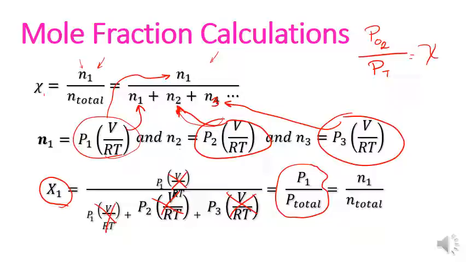It doesn't matter if you use moles or pressure. You can get your mole fraction either way, provided volume and temperature are constant, yes. So if you just divide them, that gives you your mole fraction.